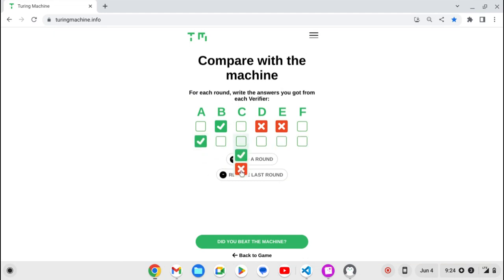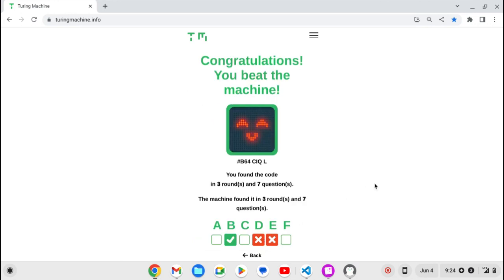And I believe C was the only one that was incorrect. And then when we finally tested F, that was correct. So let's see, how do we do? Okay, so we tied the Turing machine, but that's always a win. So I think we did well.